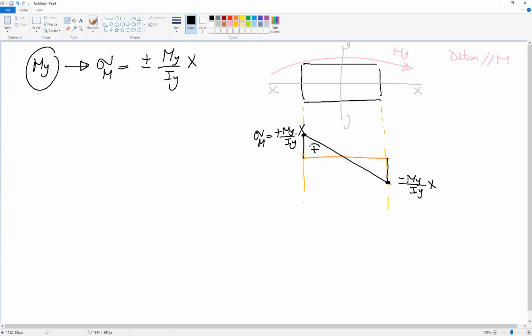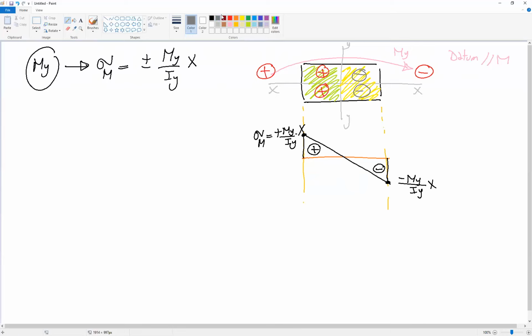So this will be positive and this is negative, because we said before this side will be under tension and this side under compression. So this half is under tension and this half is under compression. Okay, so this is the stress distribution over the cross section due to M or N.